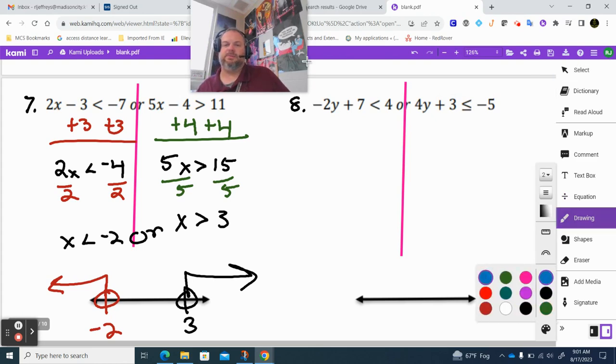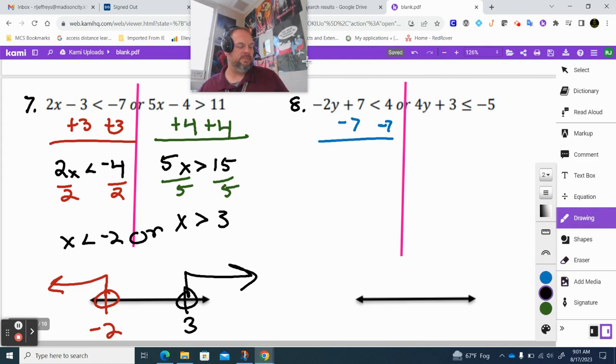All right, so left-hand side, 7 minus 7. Okay, now what's about to happen? The sign's about to flip because why? Yeah, we're going to divide by a negative.